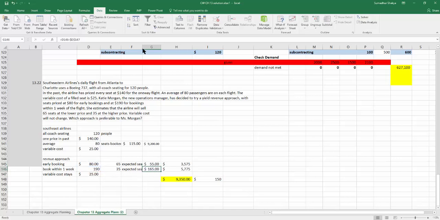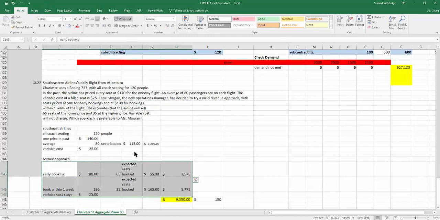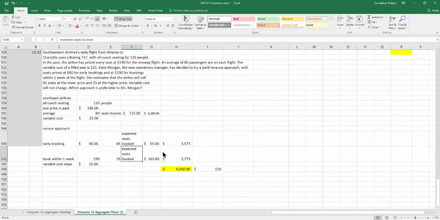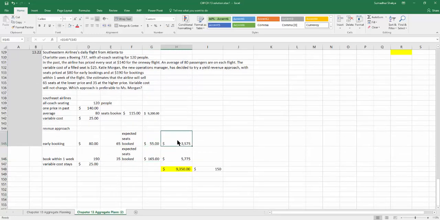These are not all visible, so Home, Wrap Text. These are the different revenues that are coming in. Therefore, if you multiply the expected revenue per seat times the number of seats booked, then you get two different revenues. If you sum those up, you'll get the new revenue with differential pricing.